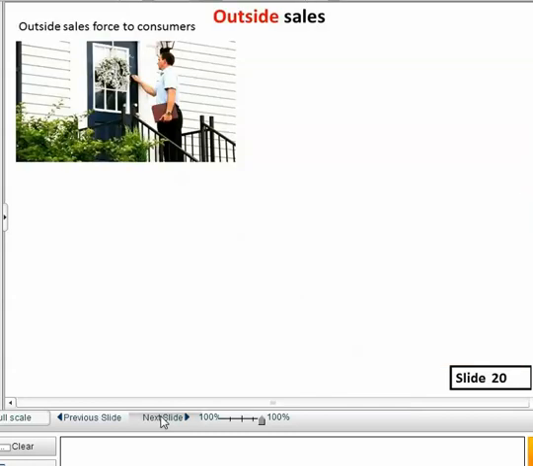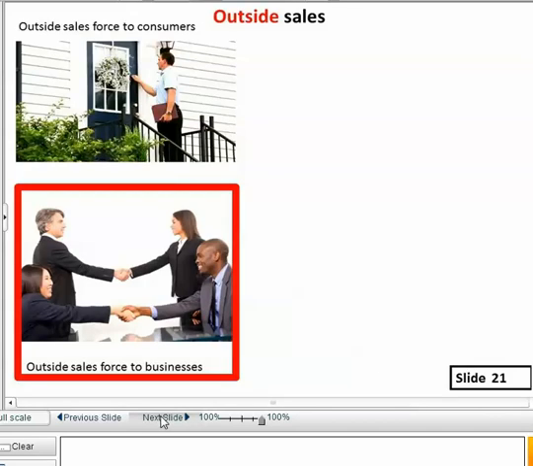Now, the flip side to the inside salespeople are employees who are outside salespeople. This means they're actually going and talking to potential customers and doing whatever it takes to close the sale. More today, quite often, we see an outside sales force that's doing business to business.